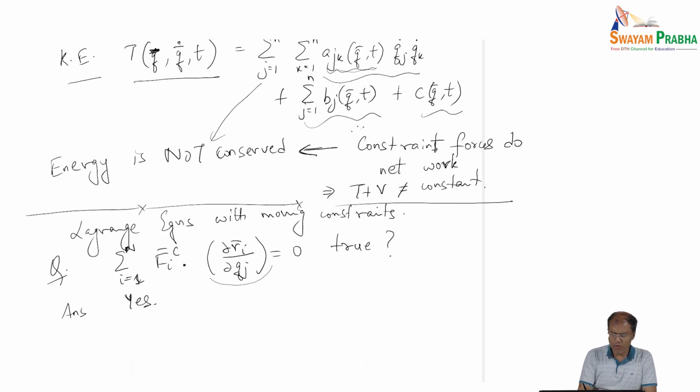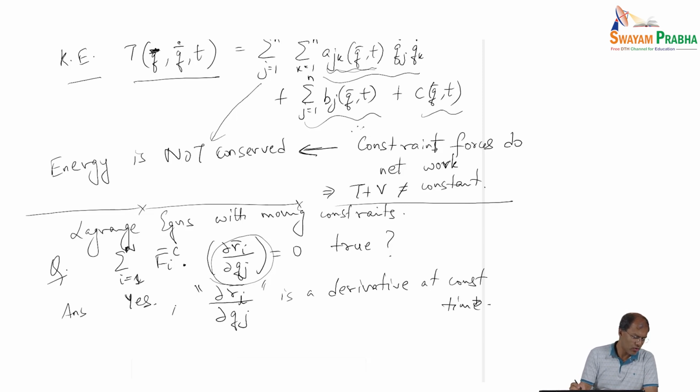And the question is, how come this dot product is 0? The answer lies in the fact that this quantity, partial Ri partial Qj, is a derivative at constant time.